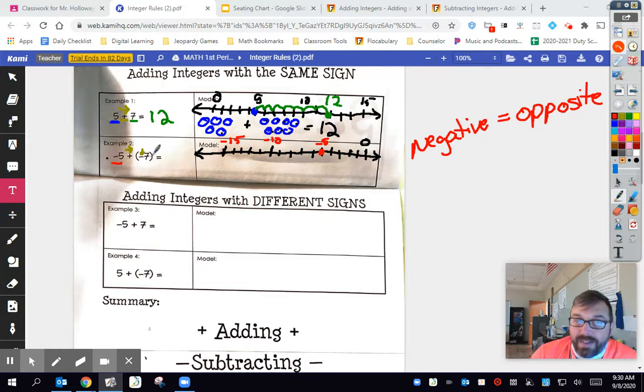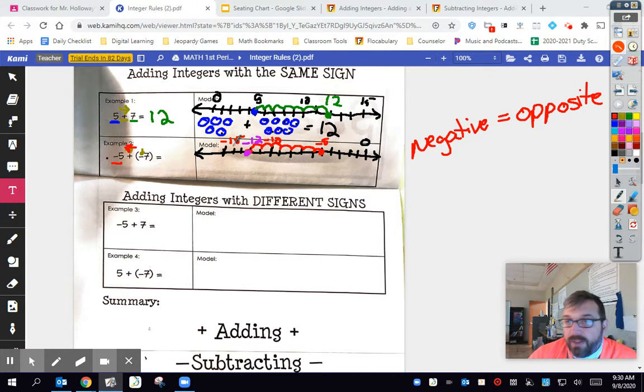Instead of going to the right, we're going to do the opposite. We're going to go to the left. 1, 2, 3, 4, 5, 6, 7. And that puts me right there, and that would be negative 12.